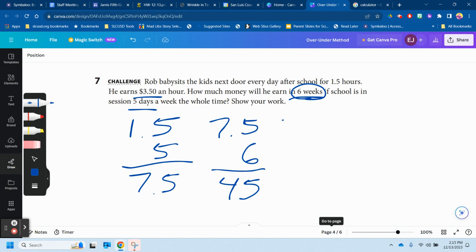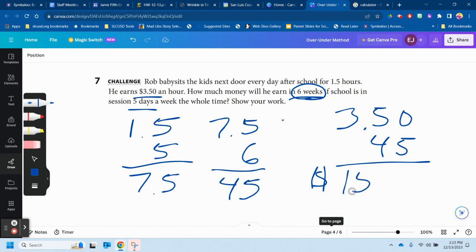And they want to know how much does he make in 45 hours? $3.50 times 45. I don't mind if you use a calculator. He would make $157.50. So really, more important than the operations here, and did you get the exact number, is do you know what they're asking for?